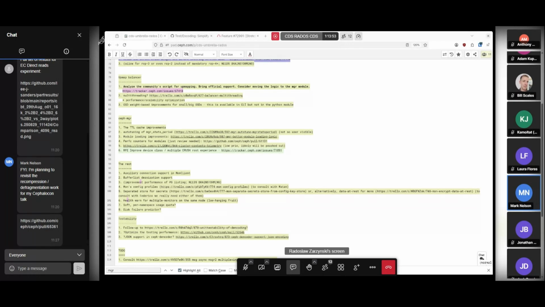Sure. Adam, I'm trying to remember where we left off. We were talking about the sharding in RocksDB and if it was needed, and then we were talking about the size of the index and filter shards.